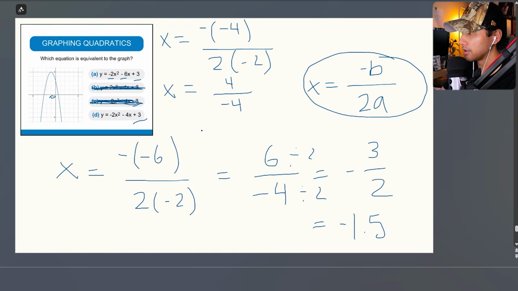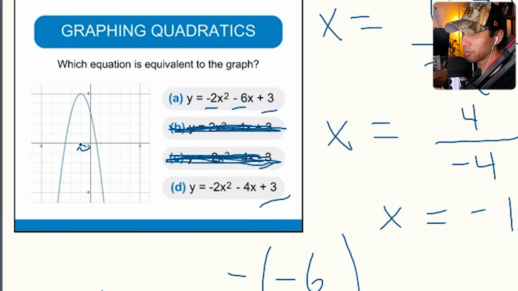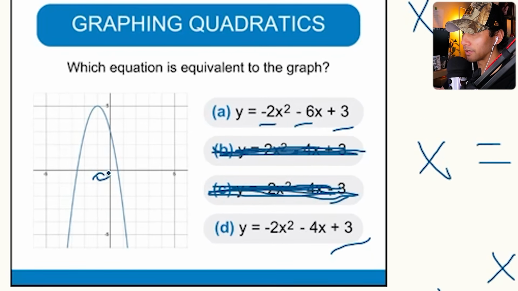And then we get x equals negative 1. So just like I mentioned before, the negative 1 right here, and then we have a 5, I believe. Yep, a 5. And this looks mostly correct. I would choose D.